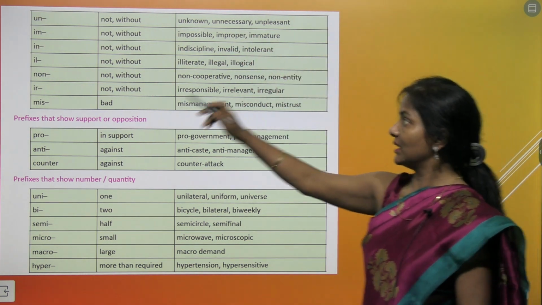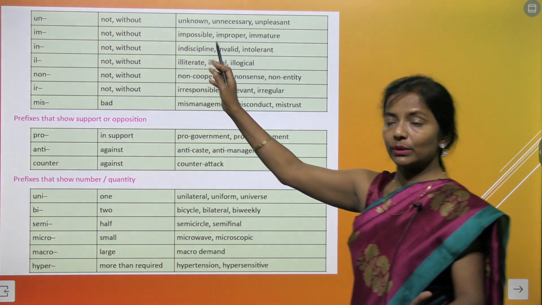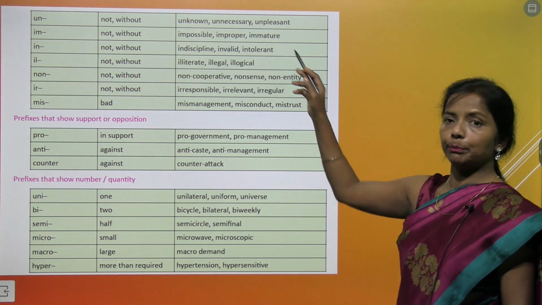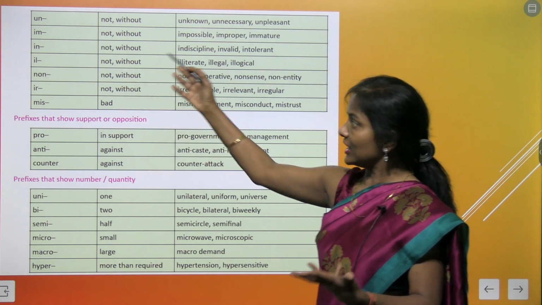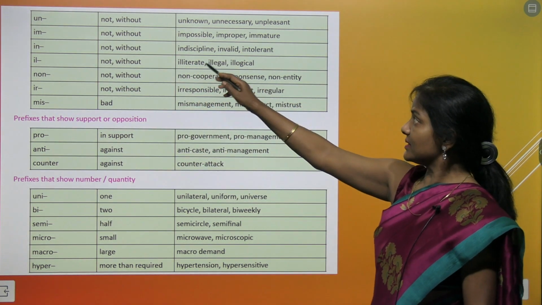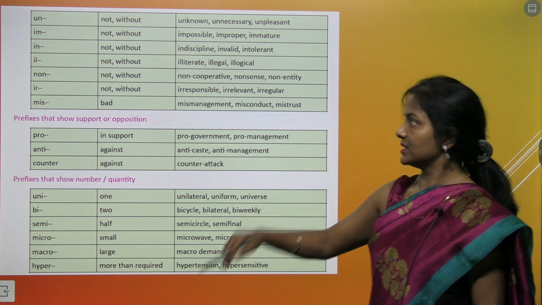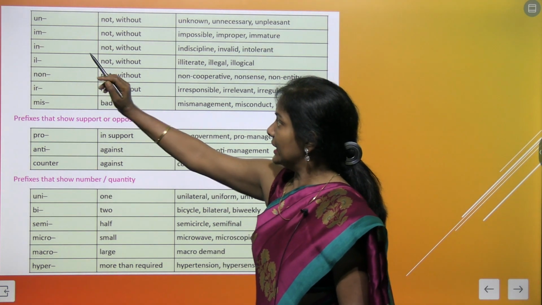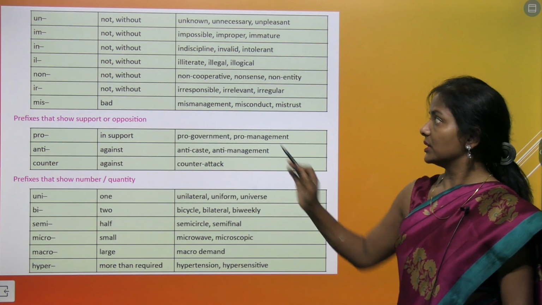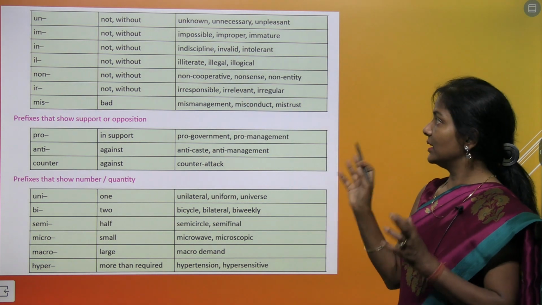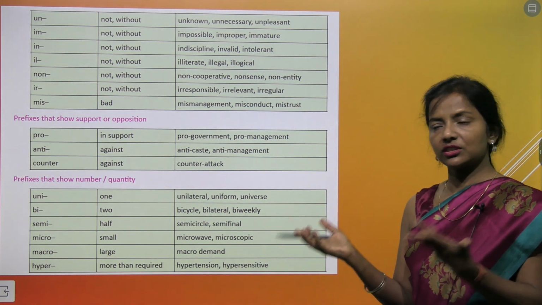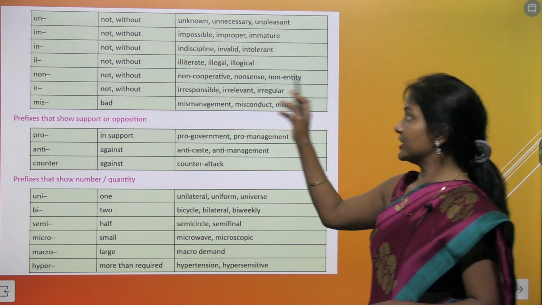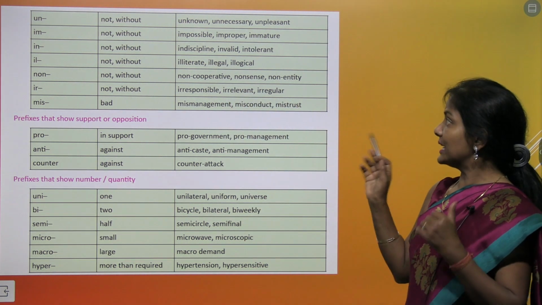Im: not, without. Impossible, improper, immature. In, it's again not, without. Indisciplined, invalid, intolerant. Ill: not, without. Illiterate, illegal, illogical. Then non. Non is also not or without. Non-cooperative, nonsense, non-entity.